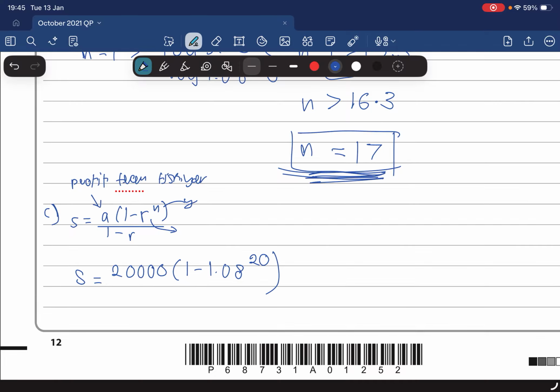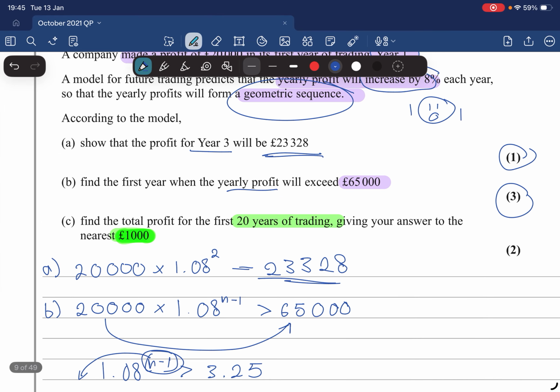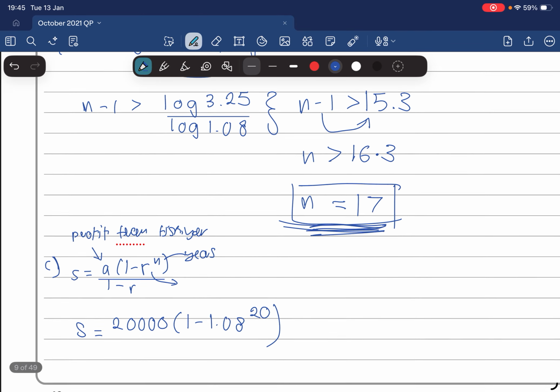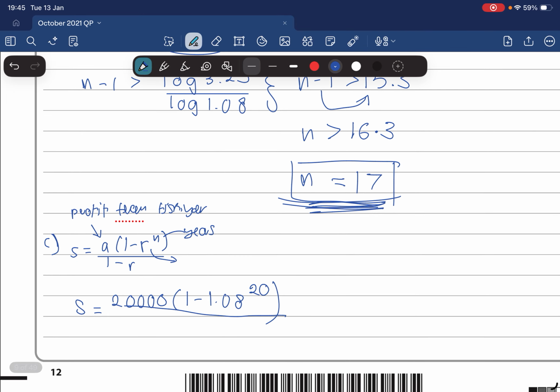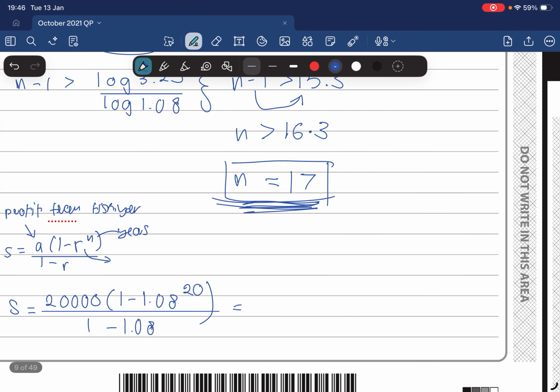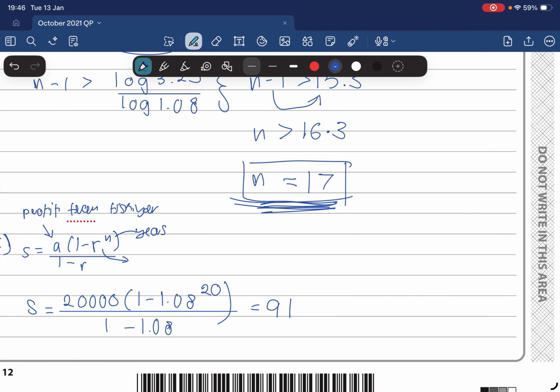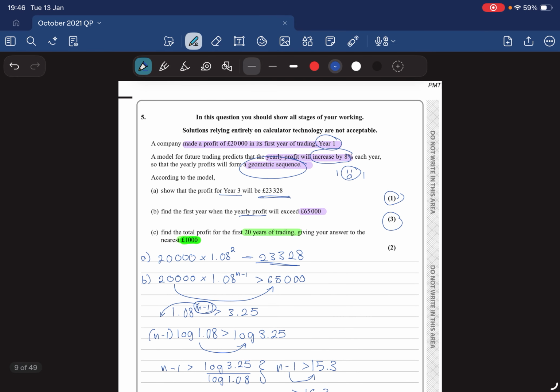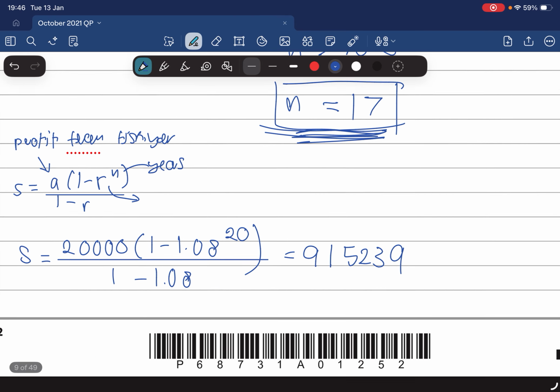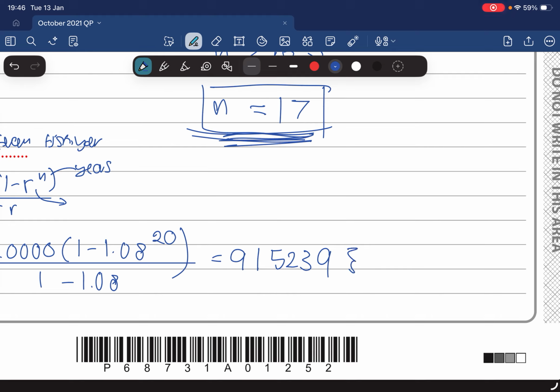It's asking for the first 20 years, so n is 20, and we divide by the same number, 1 minus 1.08. We do that and it gives us 915,239. Giving the answer to the nearest 1,000, that should be 915,000 pounds. There we go, that's the answer.